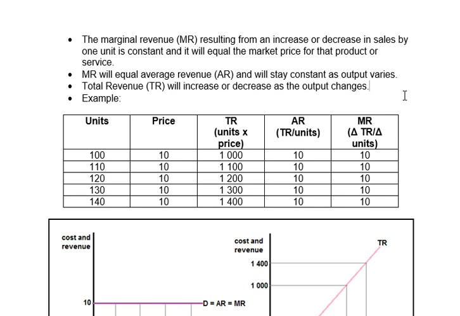In the perfect market, the price is constant. You can see in this table, the price is constant.